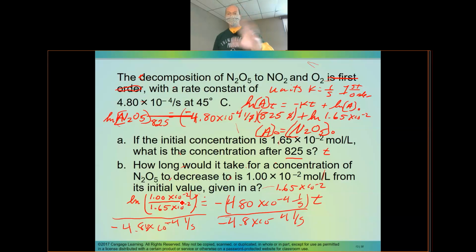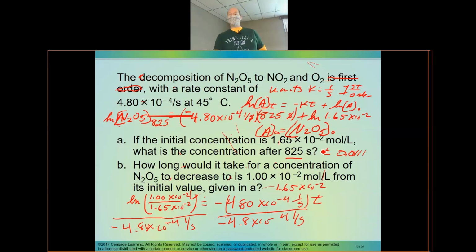So our previous answer for this was 0.0111. All right, so what we can do from that is see that it's going to take longer. So it went from 1.65, now we have to go down to 1.00.